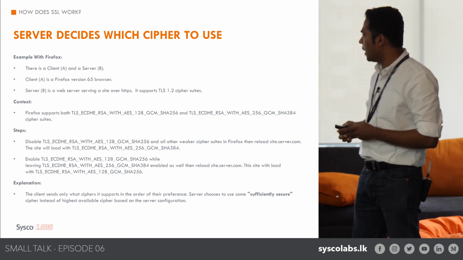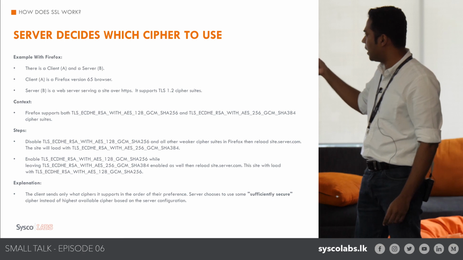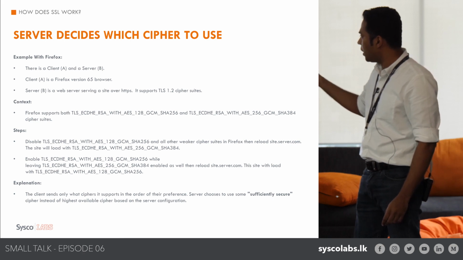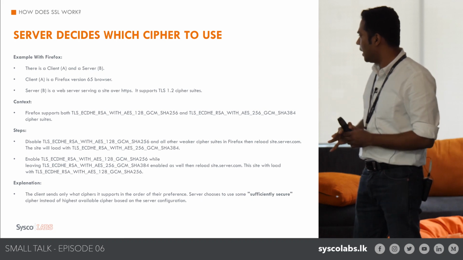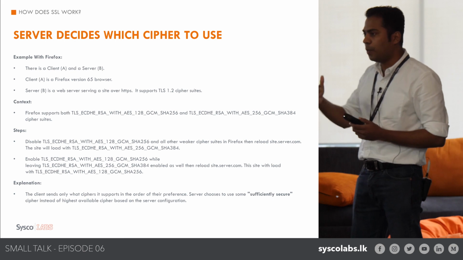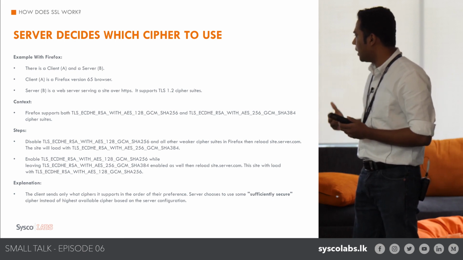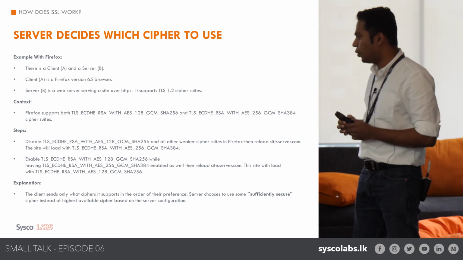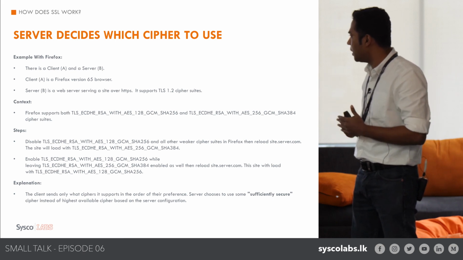So in that case, if we disable AES 128, the server will select the AES 256 cipher suite. But if both are available, in that case, the server will by default select AES 128, which is a bit weak, not stronger than the 256 one.